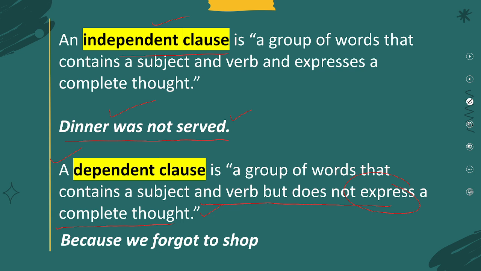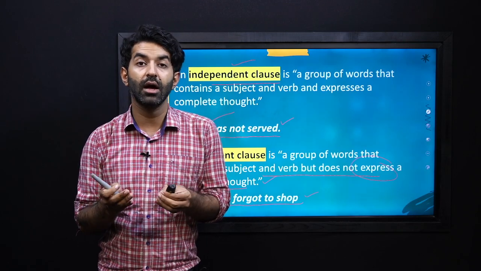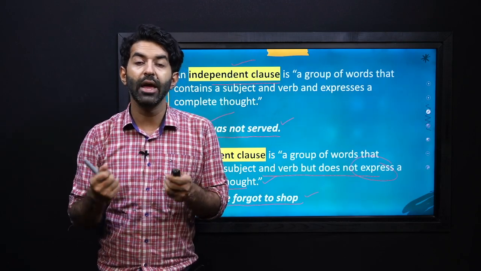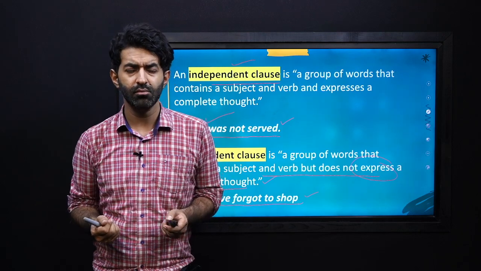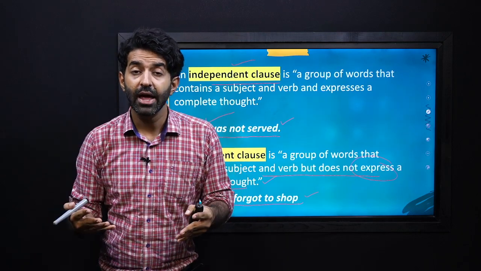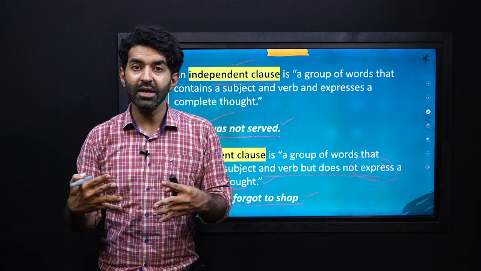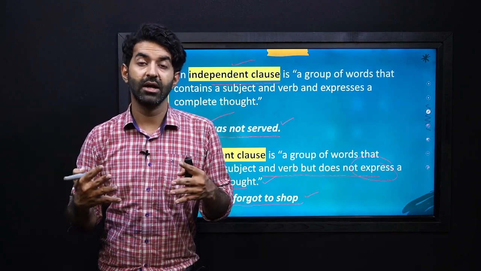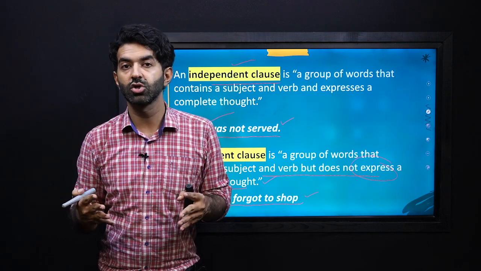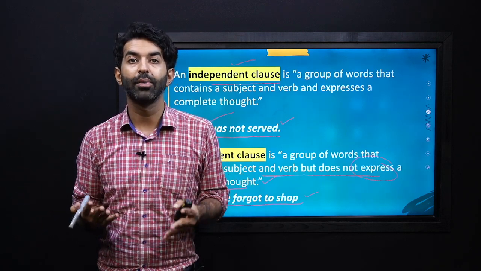Take this part: because we forgot to shop. What comes before because? This is incomplete. It needs an independent clause to make complete sense. And when we mix it together with any subordinating conjunction, we have our complex sentence.